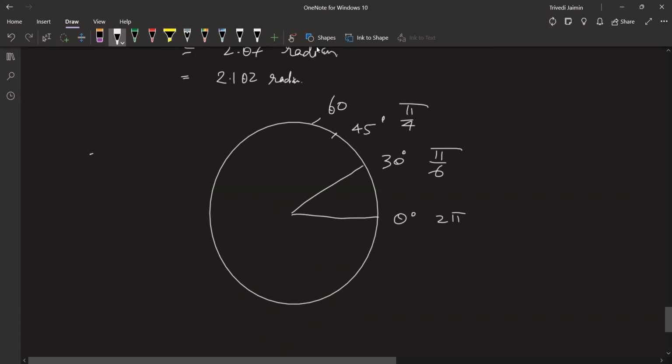And 60 will be pi by 3. And 90 is pi by 2.